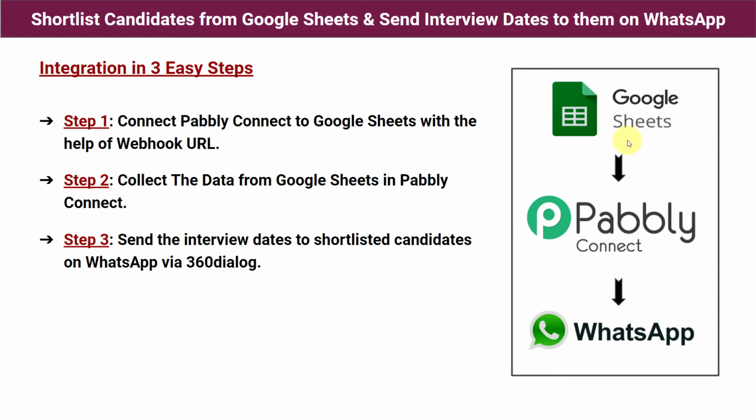In the second step, we'll bring the data of the candidates we are receiving here in Google Sheets to here in Pabbly Connect. And finally, we are going to send the interview dates to shortlisted candidates on WhatsApp via 360 dialog.